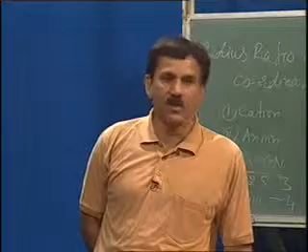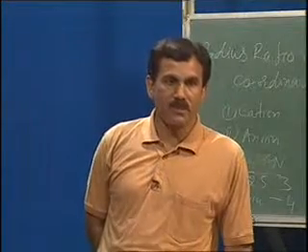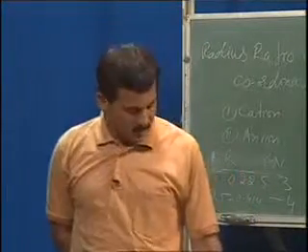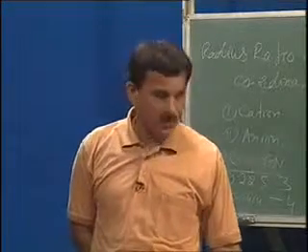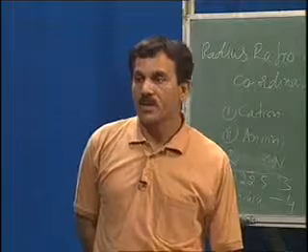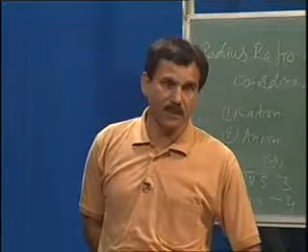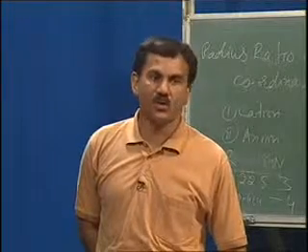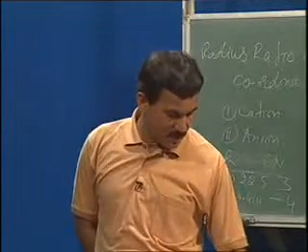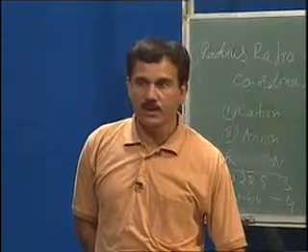If so, why? 5-fold axis of symmetry is not possible because there are only 2 packings in all the solids, and these 2 packings are HCP and CCP. And if we see the geometry in HCP, there are 6 corners.